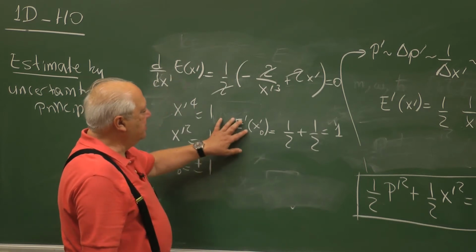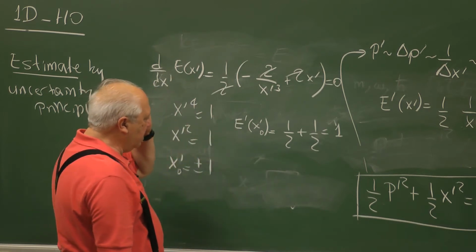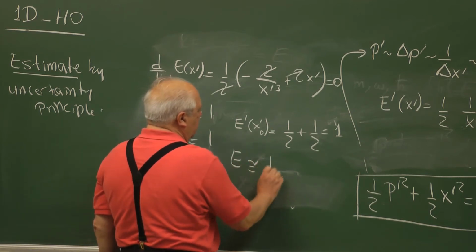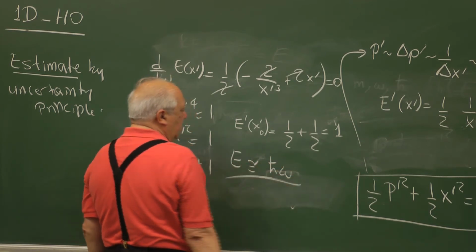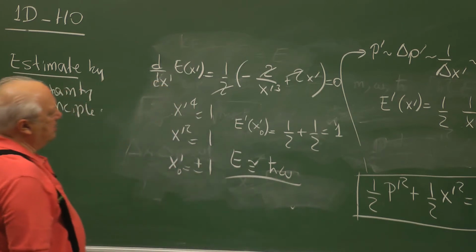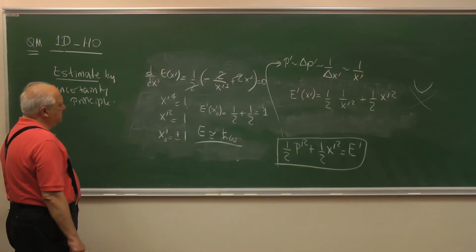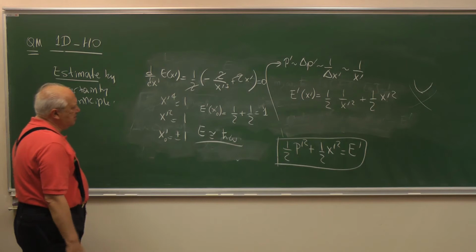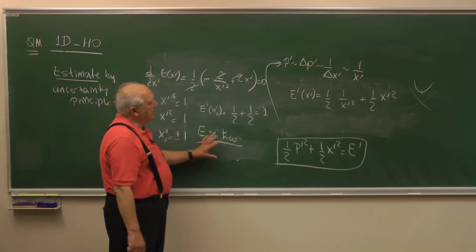Remember, we are solving this in units of h bar omega, so E is like h bar omega. This gives an estimate that the lowest state of the harmonic oscillator is not too different from h bar omega.